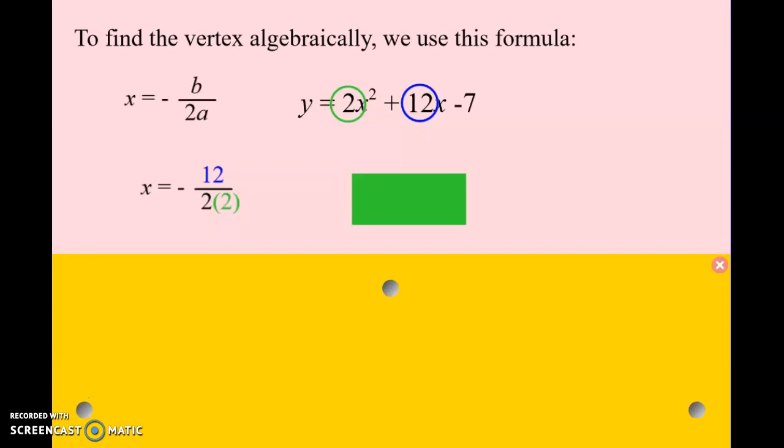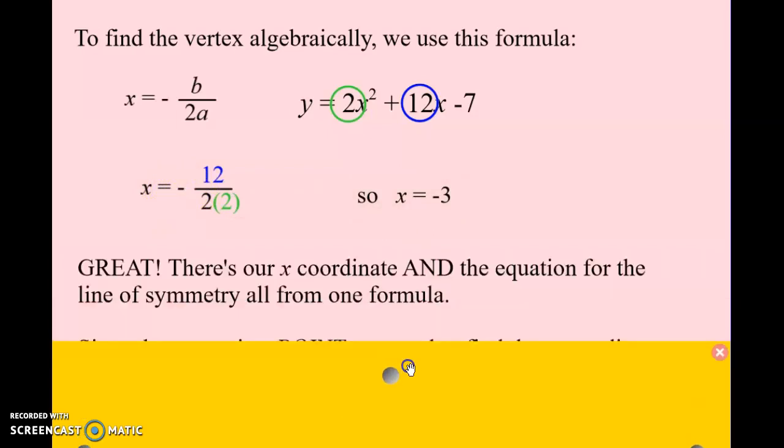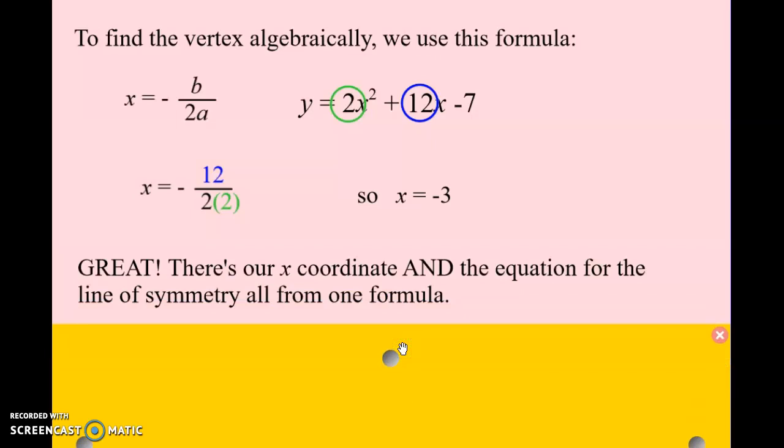So 12 over 2 times 2, which is 4. 12 divided by 4 is 3. And then don't forget this negative out here. So x is equal to -3. Great! There's our x-coordinate and the equation for the line of symmetry all from one formula, because x equals -3 is also the line of symmetry.